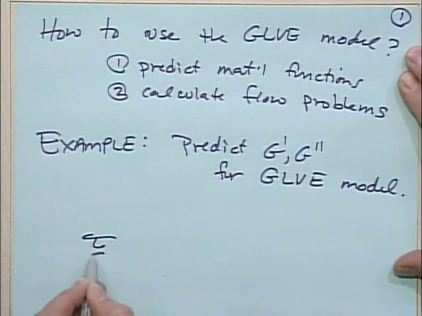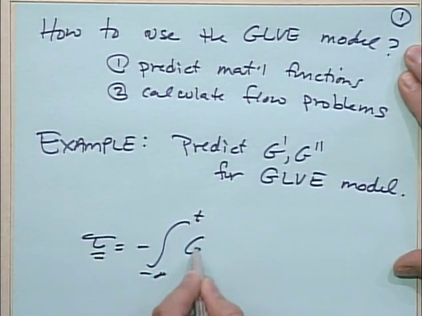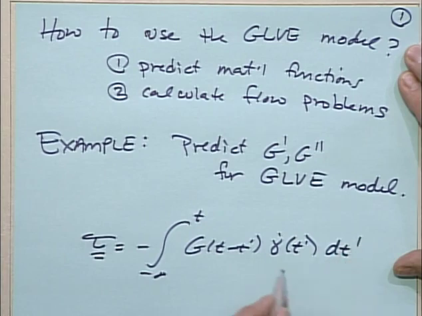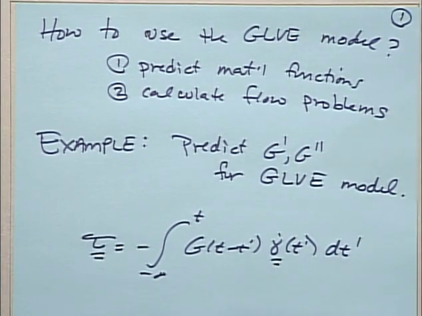I'll write the equation down for you. Stress equals minus the integral from minus infinity to t, g of t minus t prime, gamma dot of t prime, dt prime. You look at the shear tensor and see how it simplifies. We need gamma dot, according to this equation. We need the stress.